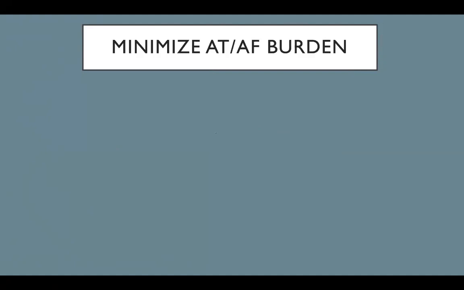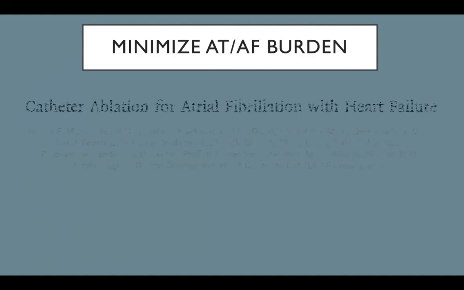The other way to do it is to do pulmonary vein isolation, and this is a study that was just published in February of this year. Quite a large study called CASTLE AF, and although it doesn't directly address resynchronization pacing patients, there were some in the study.